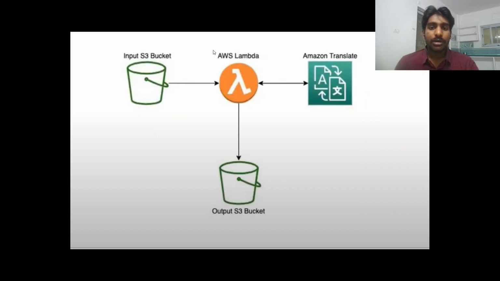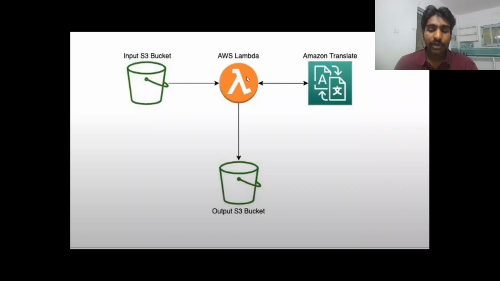And the AWS Lambda function. This function is the main part of our project, which includes the Python code which calls Amazon Translate to translate the text, and we give the trigger as our input bucket, because when you upload the file to the input bucket, it directly triggers the Lambda function.